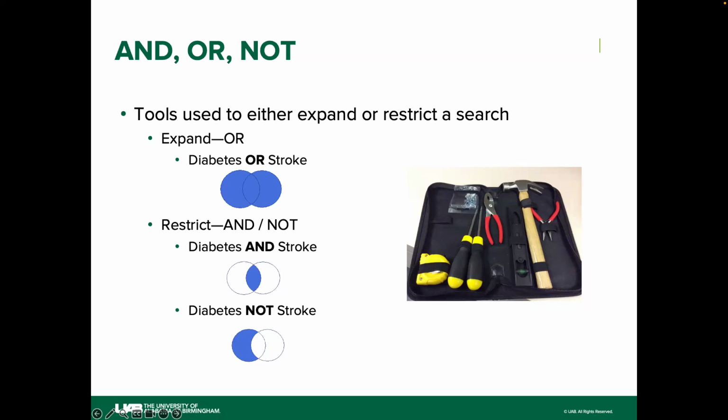Okay. So let's say I'm doing a search and I want to find information on using metformin to treat diabetes in African Americans. I need to make sure that I address each part of my search. So first of all, what are the key words that I'm going to put in the search box of the database? That'll be the first thing.